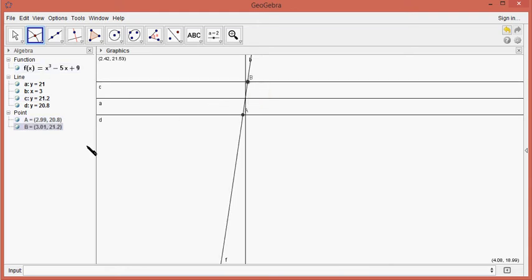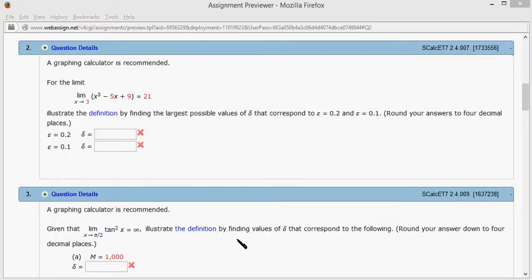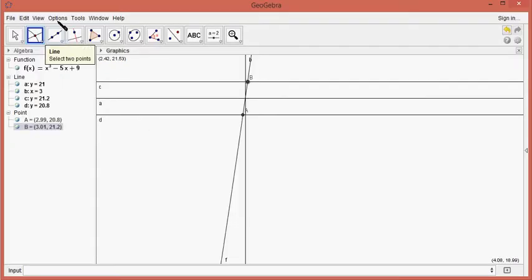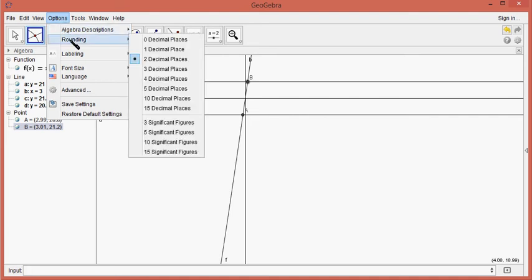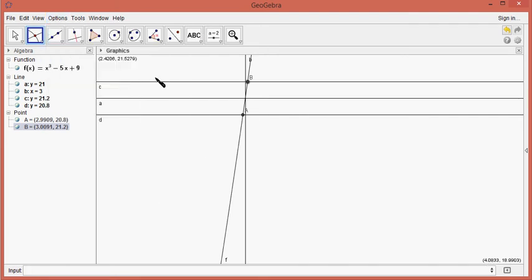So you can see this is going to be 2.9, actually I need a little bit more precision. They want this answer to be 4 decimal places, so we're going to have to change the option to 4 decimal places.